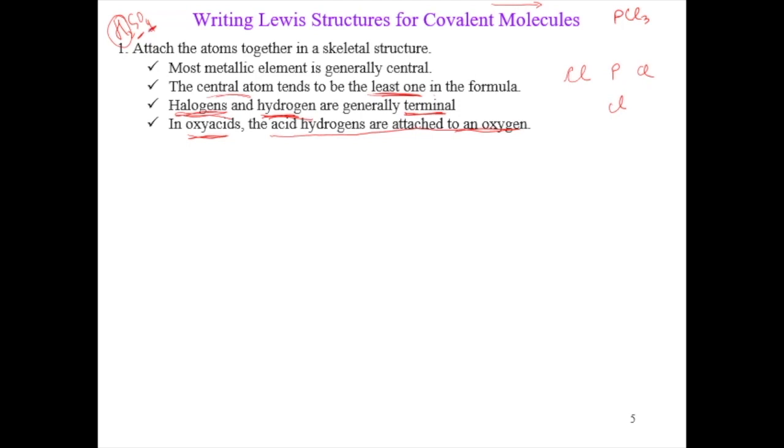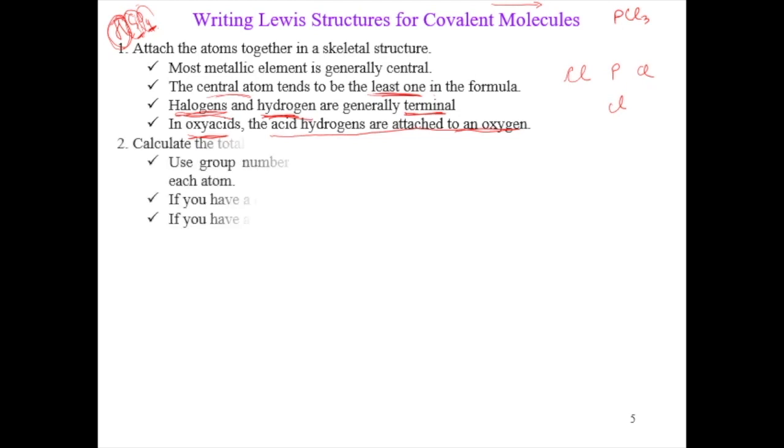So it will always consist of oxygen, hydrogen and some other non-metal. You put the lone non-metal atom in the middle. That would be your central atom. Oxygens would be around it and hydrogens would be terminal. So hydrogens will always be attached to the oxygens around it. That is what the first rule tells us.